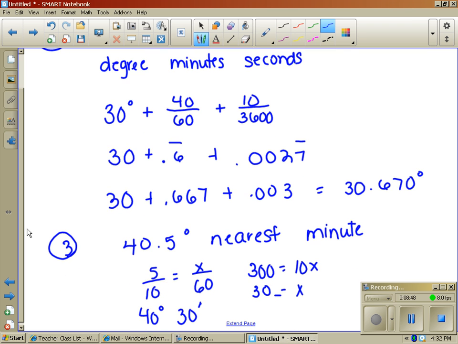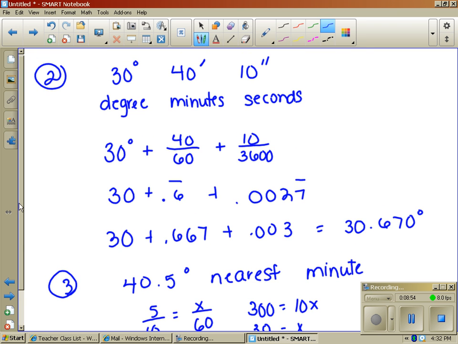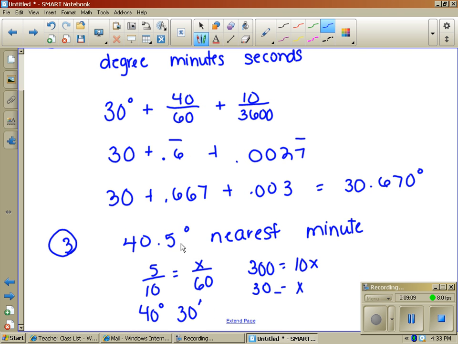Okay? So once in a while you might be asked to go from decimals to degrees, minutes, or seconds. And all you have to remember is think of a clock and then convert it. Minutes are out of 60, seconds are out of 3,600. Add up your decimals. Or take your decimal, write it as a fraction, do a proportion over 60, and solve.